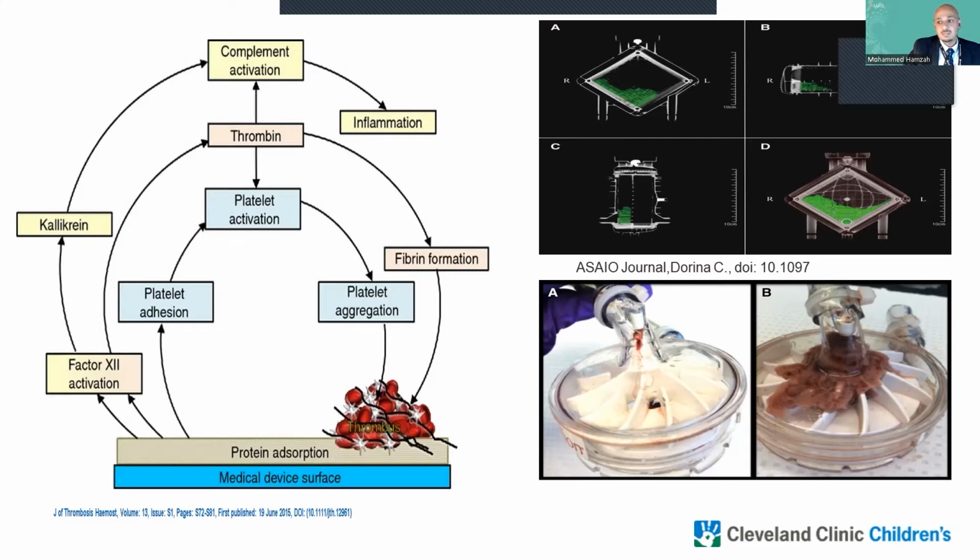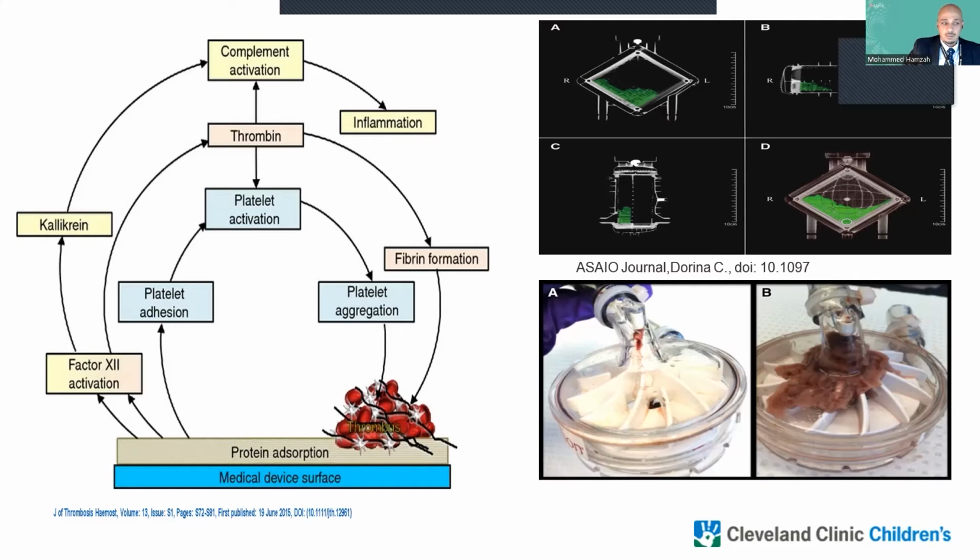So the moment the blood is in contact with the ECMO tubing, there is protein adsorption, which will induce platelet aggregation and thrombus formation. There is also factor 12 adsorption and autoactivation, and activated factor 12 will convert prekallikrein to kallikrein, which will start the coagulation cascade and thrombin generation.